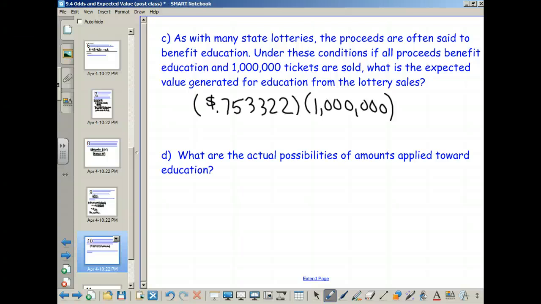All right, so we have this 75 cents times this 1 million, and if we multiply this out, I end up getting 753. I don't know if I've got my numbers right now that I'm reading this, because my numbers don't match up here. But let's imagine for a moment if this is correct, we'd have 322. I may be off, and I just didn't put my first numbers right.